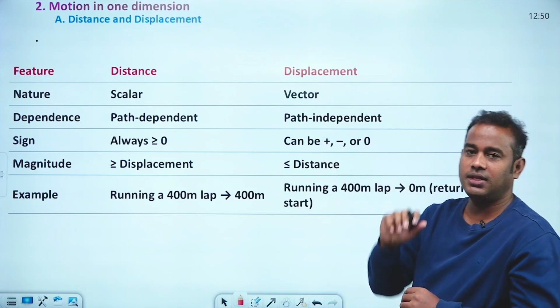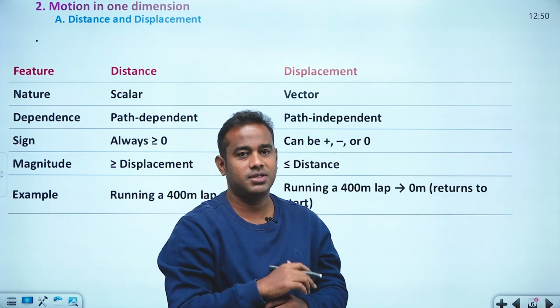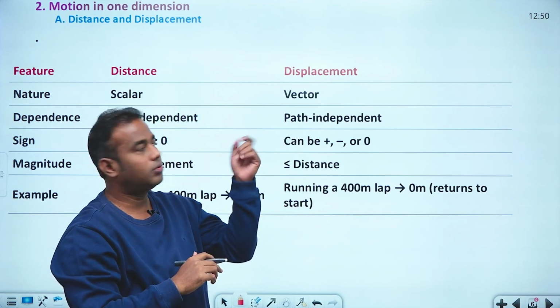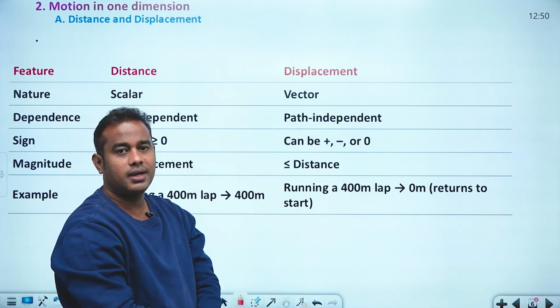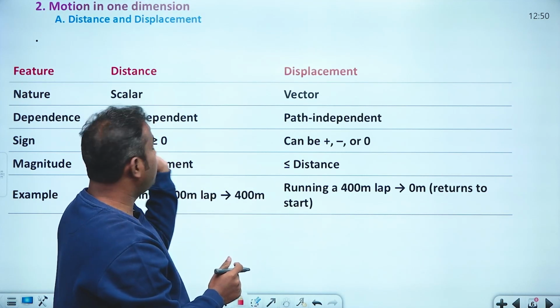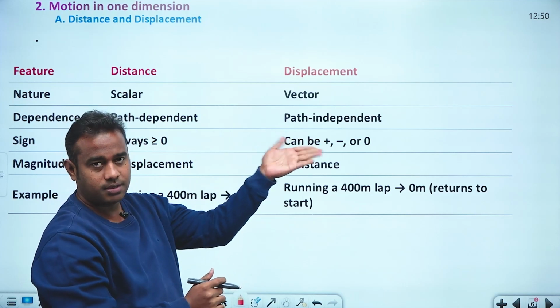Whenever you are representing the displacement, you must represent it with the direction. The magnitude is already represented, but the direction is a mandatory concept here. As for the dependence, this is path dependent and that is path independent.